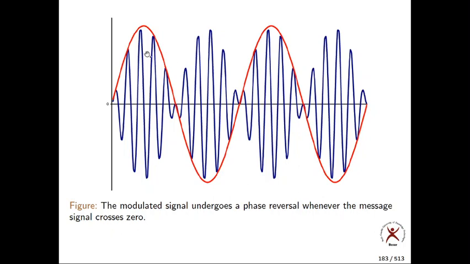Now you can clearly see this waveform. Here the waveform is like this, only this region. Now after the message crosses 0, how is the waveform? It is the negative of this waveform, minus of this waveform.